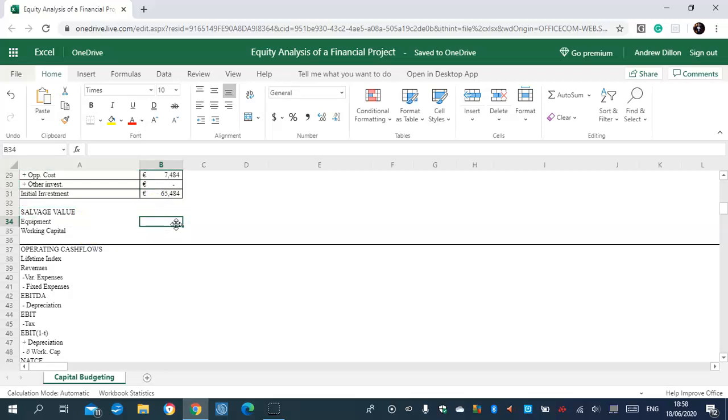Okay, let's go to the equipment. To solve the equipment requires an IF statement.